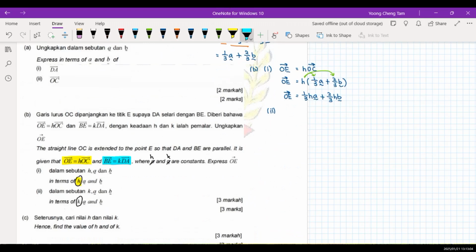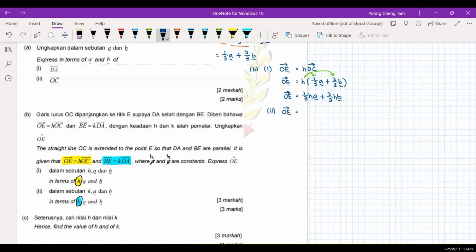If you didn't use this information, you can't get the answer in terms of K. Of course, you cannot write BE because what we want to find is OE. So again, you start from OE, and in your calculation, you must include the vector BE.